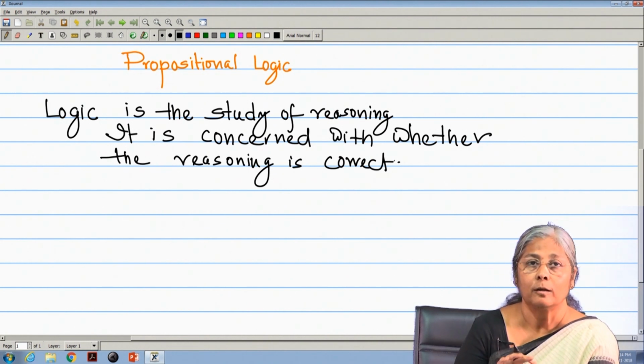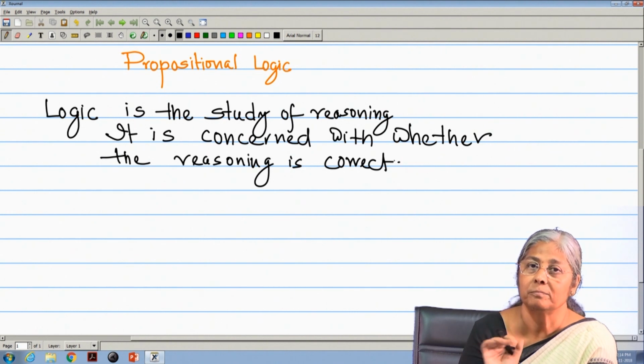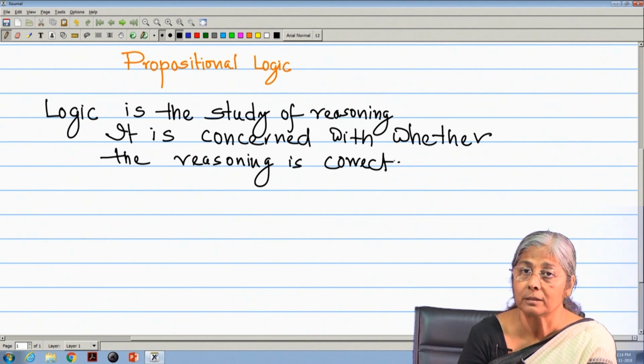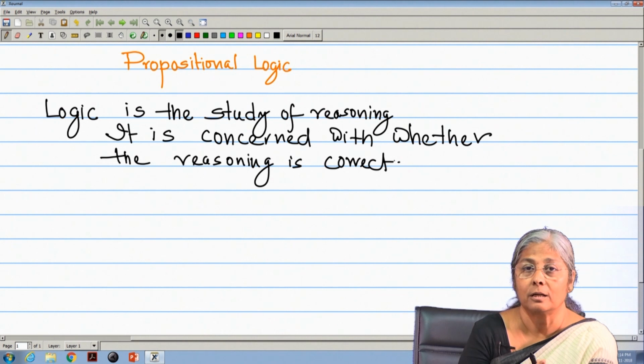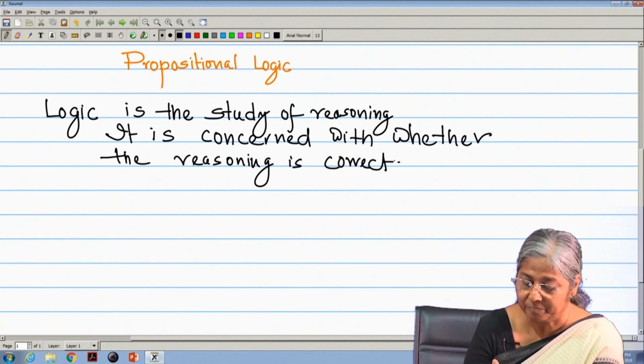Mainly logic concerns the relationship between two statements, but logic does not concern the correctness of the statement.